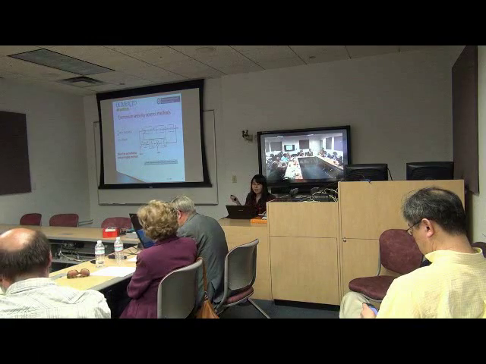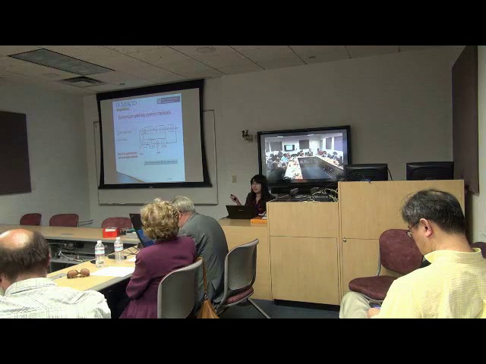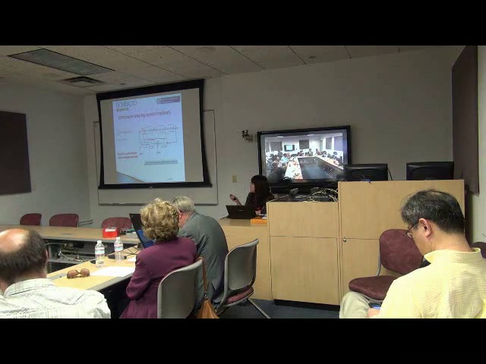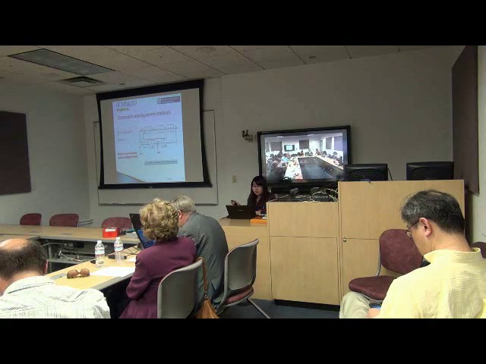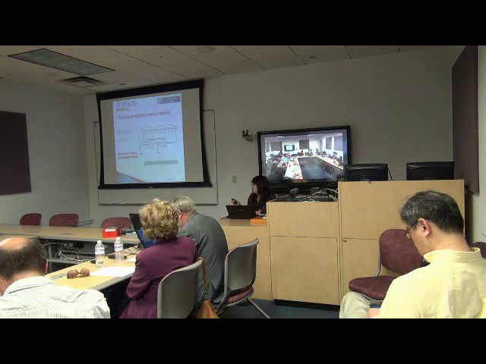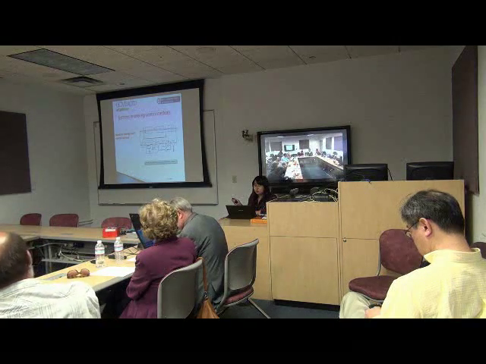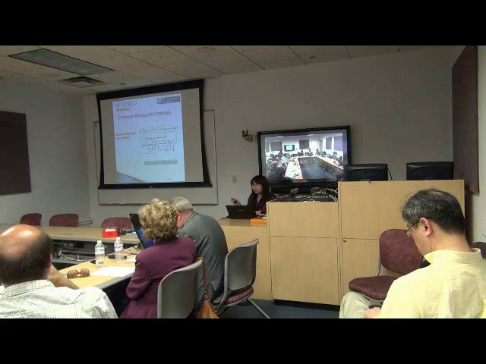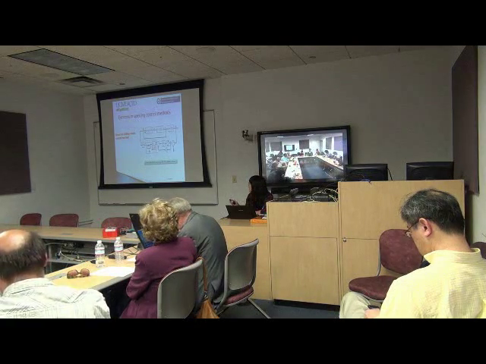The first one is the sign extremum seeking control, and this extremum seeking control is just based on the perturbation and average method. And the second one is based on the sliding mode method, and we call it the sliding mode extremum seeking control.